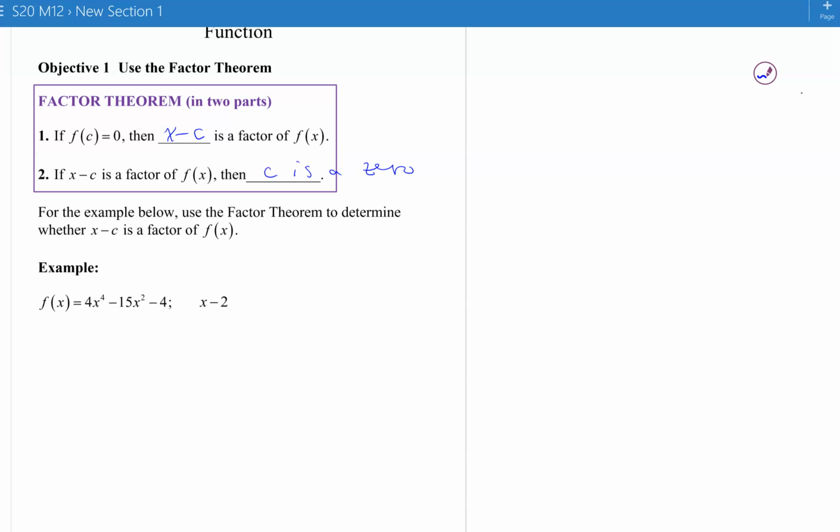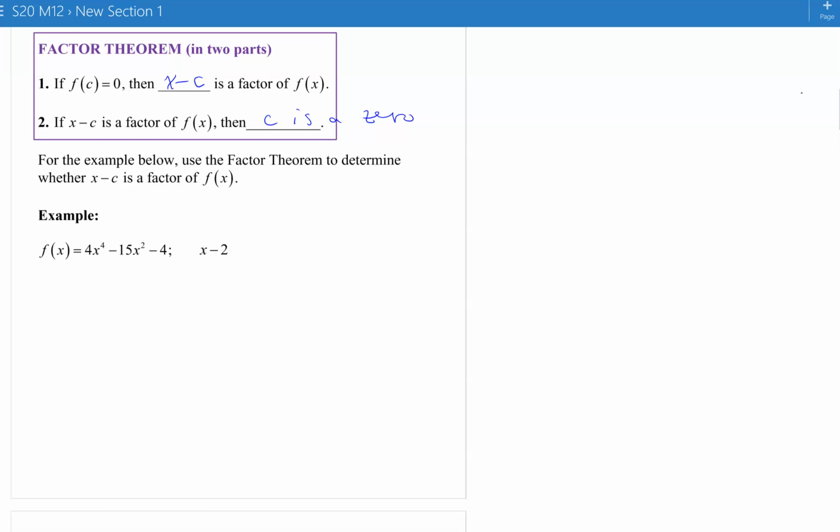So in this example, we're going to use the factor theorem to decide whether x minus c is a factor of f. So we're going to ask the equivalent question, is f of c equal 0? Because that's the same thing as saying x minus c is a factor.